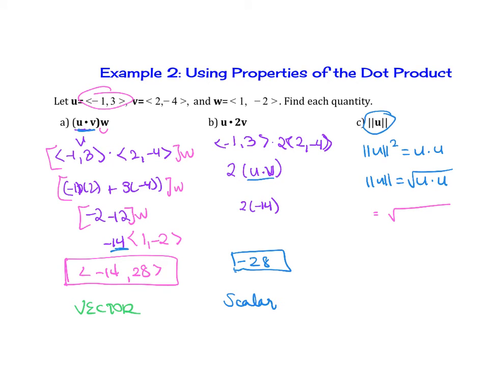A faster way to do it: it's negative 1 times negative 1, and 3 times 3, so we can just square them. This is negative 1 squared plus 3 squared. We're just using the properties of the dot product. So you get the square root of 1 plus 9, or the square root of 10. That is the magnitude of u.